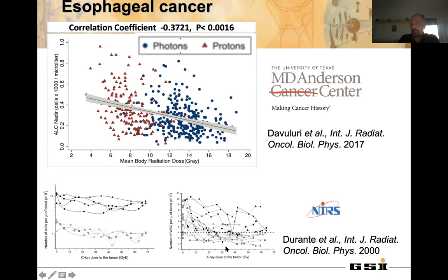This is carbon ions and this is X-rays. You see almost no reduction in lymphopenia when patients with esophageal cancer were treated with carbon ions compared to a trend to lymphopenia when you have a treatment with X-rays. So this is a paper of 2000, this is a paper of 2017, but the results are very, very similar.